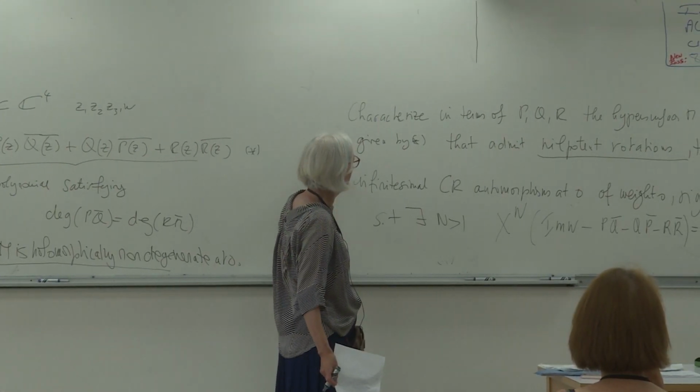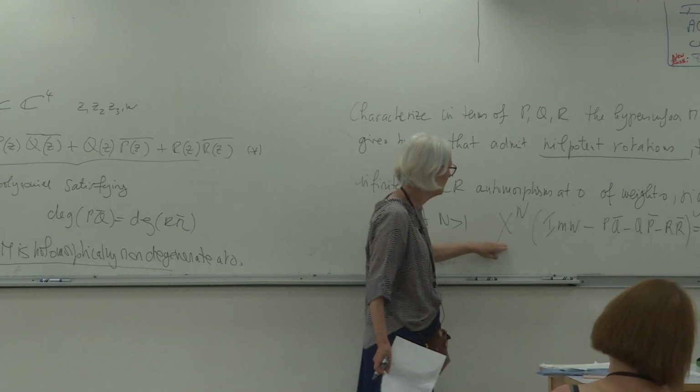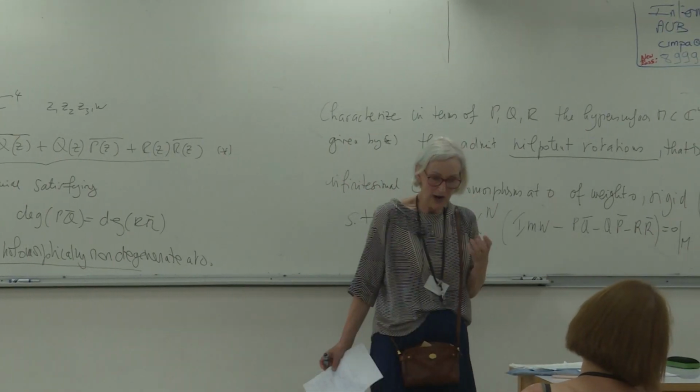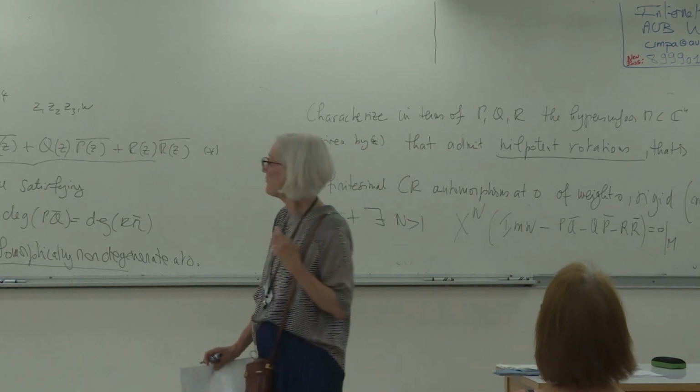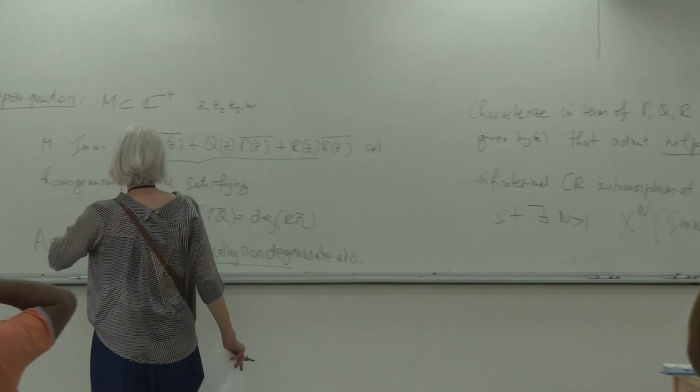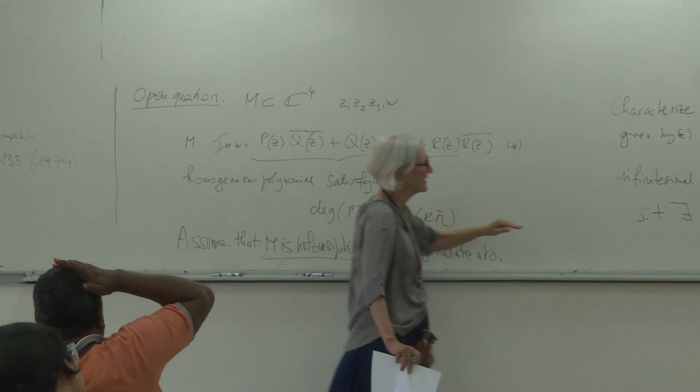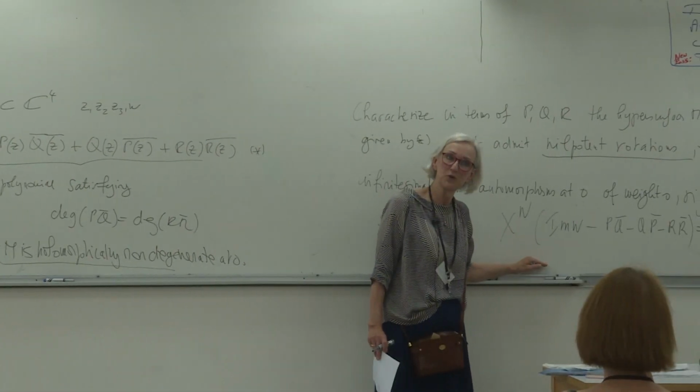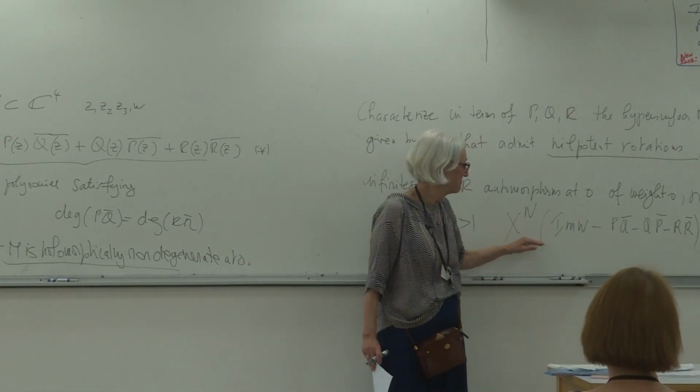We would like to know how you can describe, in terms of P, Q and R, the M which admits such symmetries. It's very useful for some other purpose, but we don't know how to do it.